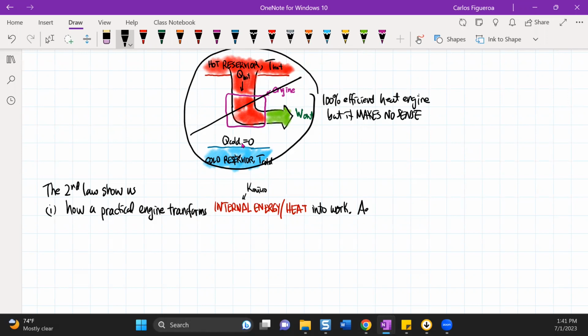Again, remember, heating is the workless transfer of energy.